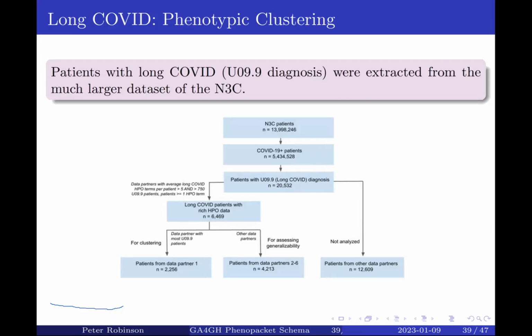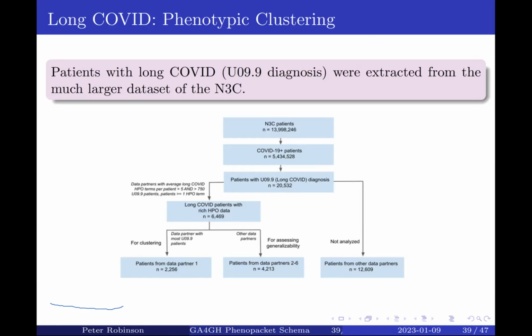So we're involved in an NIH project called the National COVID Cohort Collaborative. We have millions of patients with COVID-19. Now this number is closer to about 9 million patients with COVID-19. So all of this is from 70 hospitals in the US. And recently, the ICD came up with a code for long COVID called U09.9. And we can use this to reliably identify patients with long COVID.